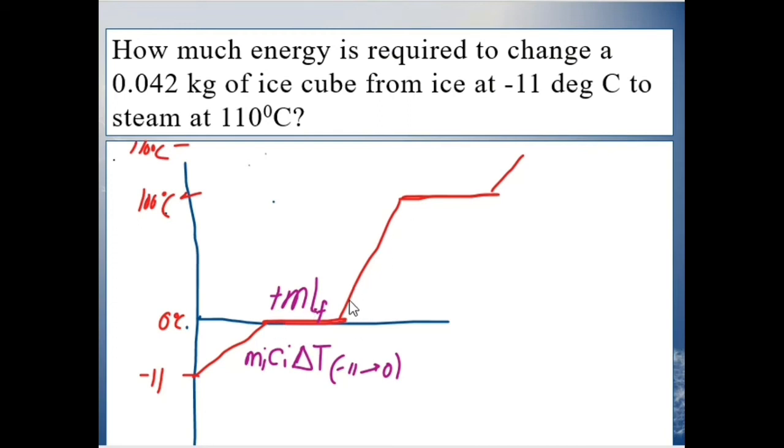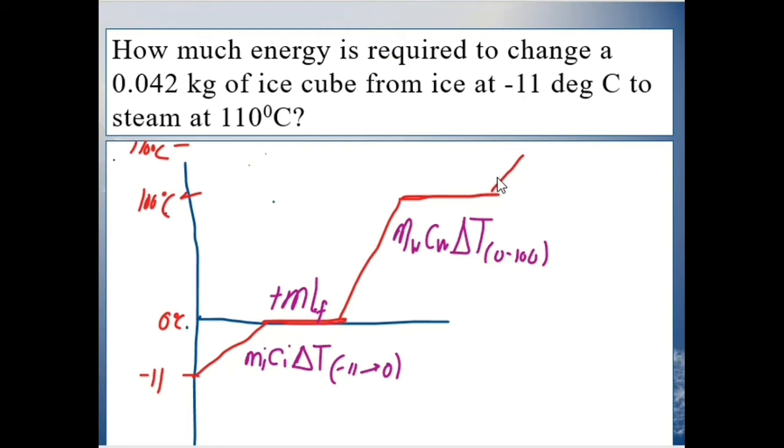Then at this point, since it's from 0 to 100, it's also M. This time, it's already water, MW, C of water, and then delta T. The delta T this time is from 0 to 100. It's no longer from -11.